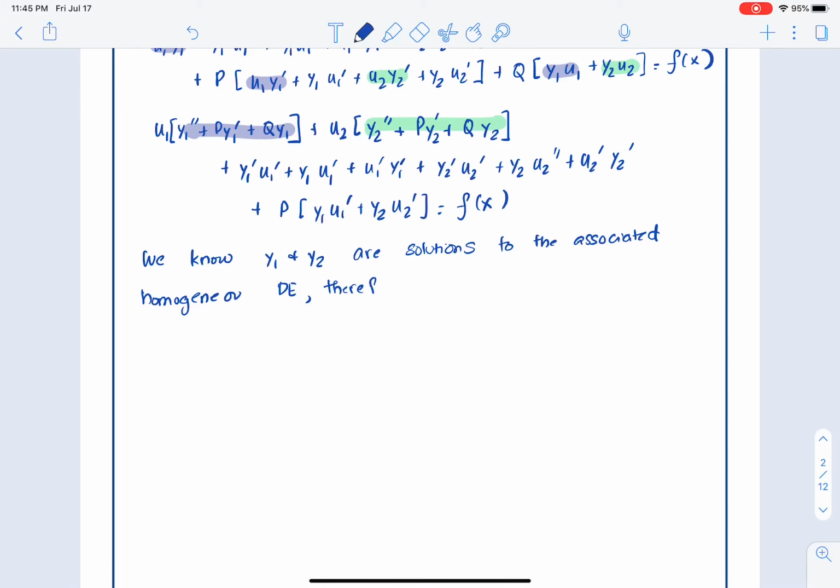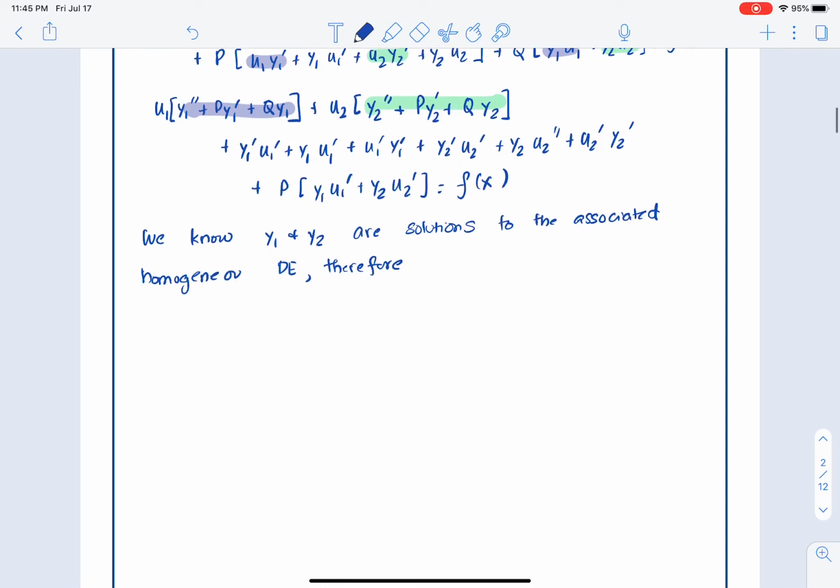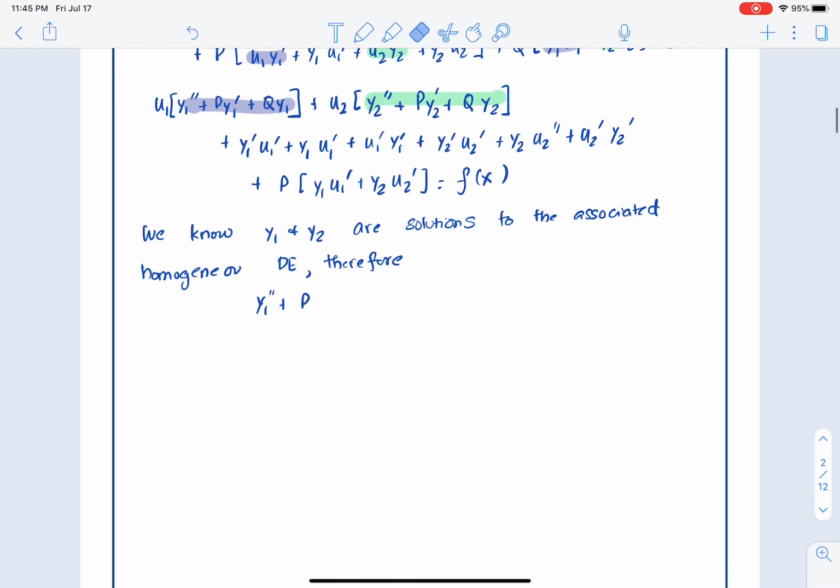Therefore, when we plug in the solution to the homogeneous DE in the DE, that should become 0 because that is a homogeneous DE. So we would have y1 double prime plus p times y1 prime plus q times y1 would be 0.